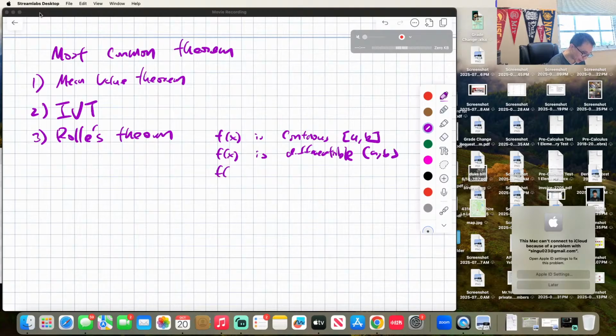Now f of a equals f of b. That's 3 conditions. So 1, 2, 3. And this is by Michael Rolle.